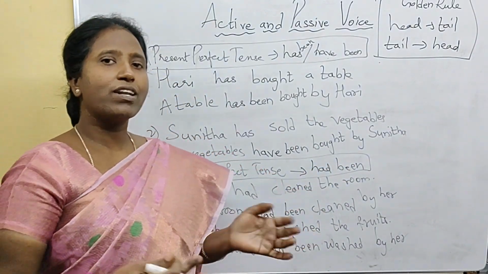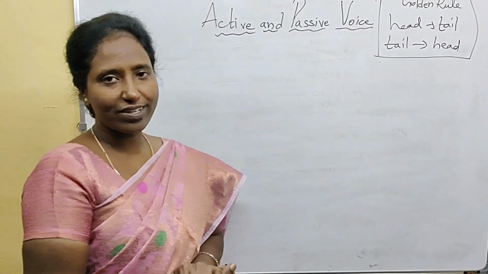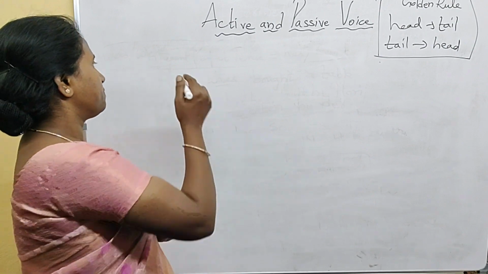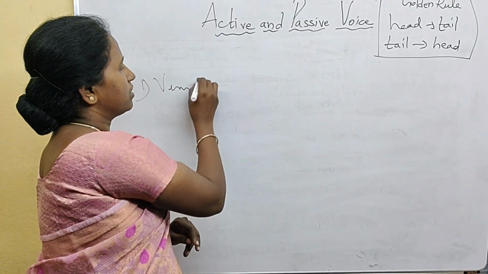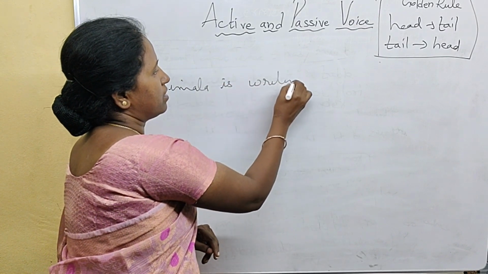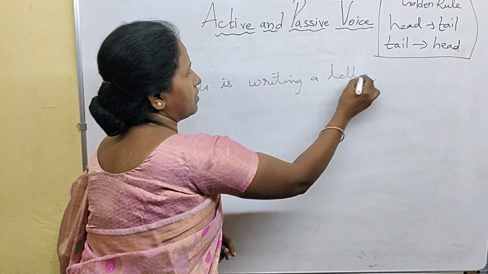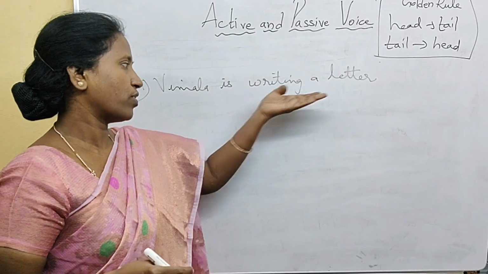Okay. Now I will go to the continuous tense. Okay. On to the continuous tense. So if I say, Vimala is writing a letter. Vimala is writing a letter. So firstly, what will you do?